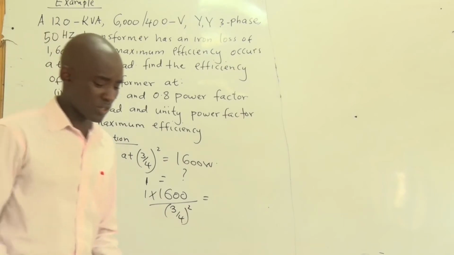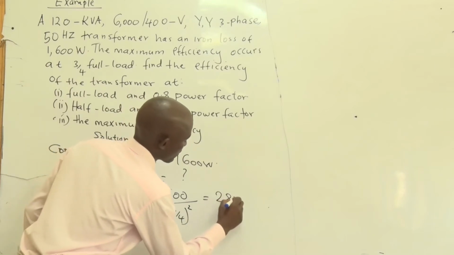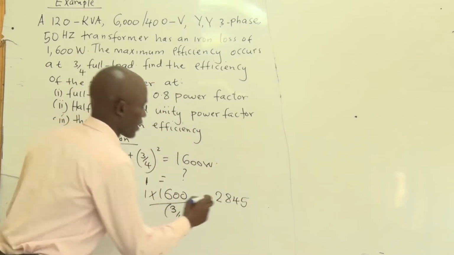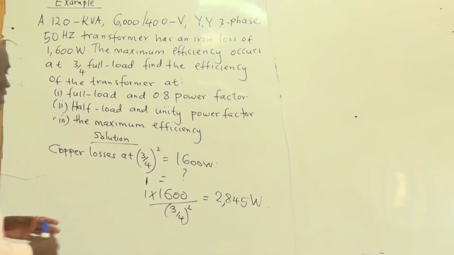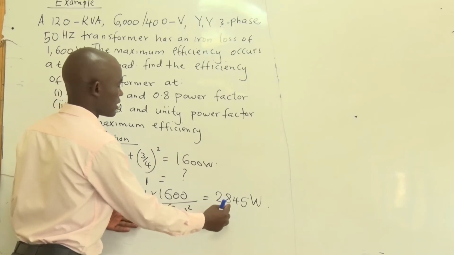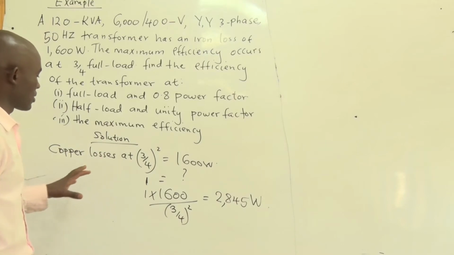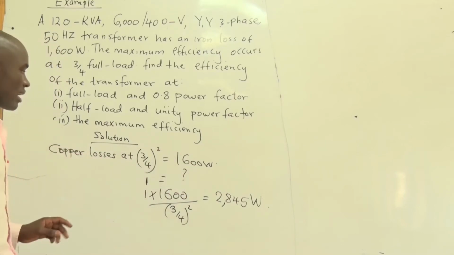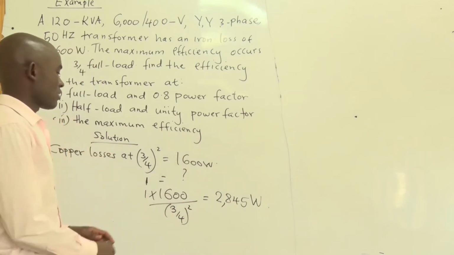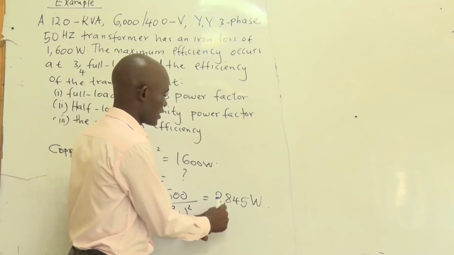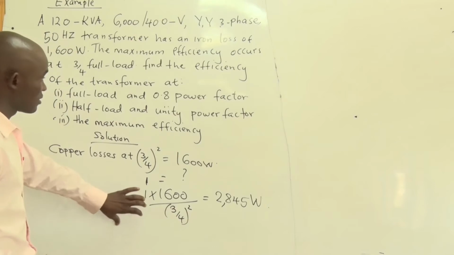If you do your calculation, you will get it as 2845 watts. So meaning the copper losses at full load were 2845. But we know the copper losses at 3/4 full load were 1600, but at full load the losses are 2845 watts.